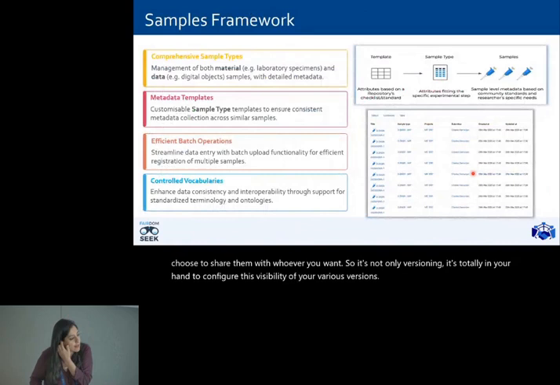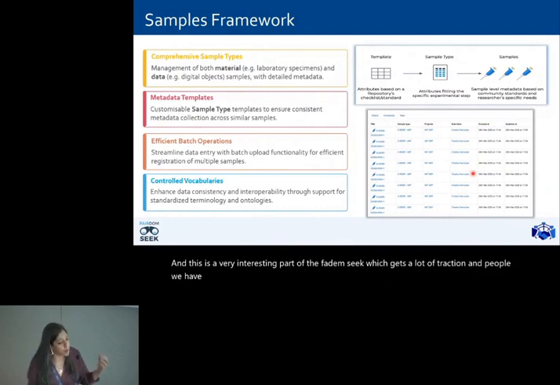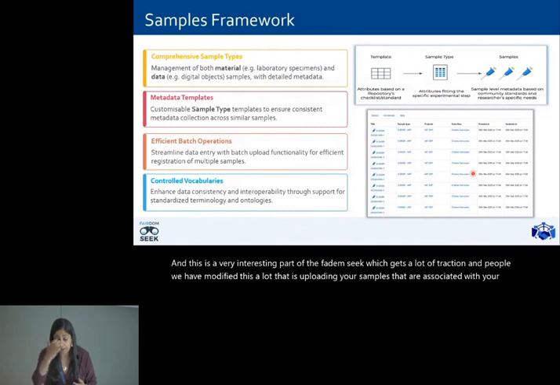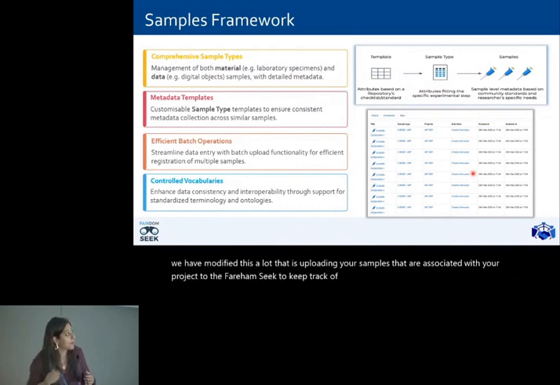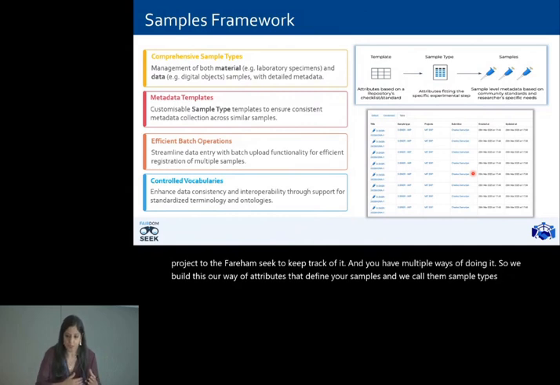And this is a very interesting part of FAIRDOM SEEK, which gets a lot of traction, and we have modified this a lot. That is uploading your samples that are associated with your project to FAIRDOM SEEK to keep track of them. And you have multiple ways of doing it. So we build this way of attributes that define your samples, and we call them sample types, and then you associate your samples with them.